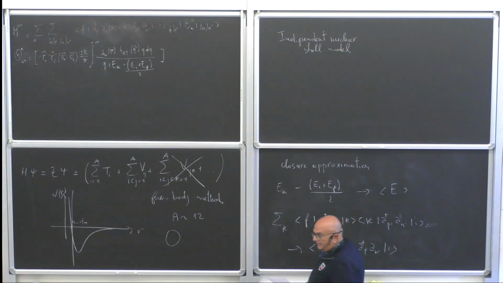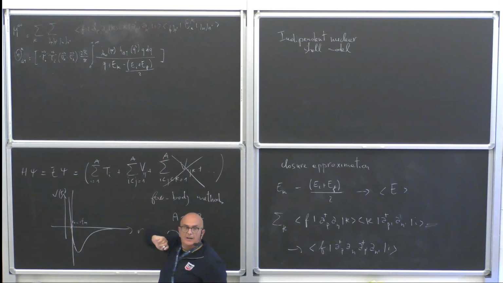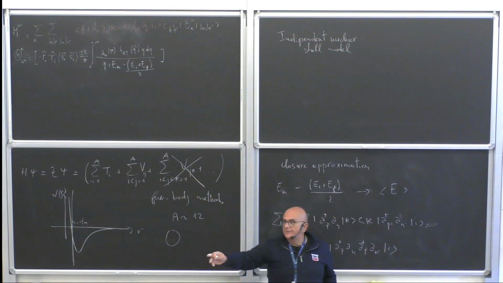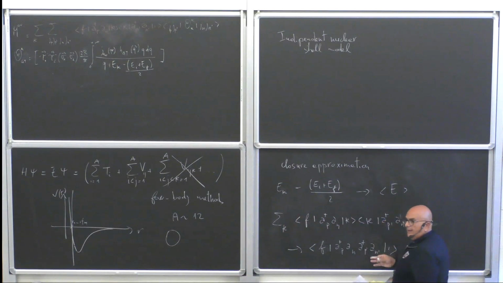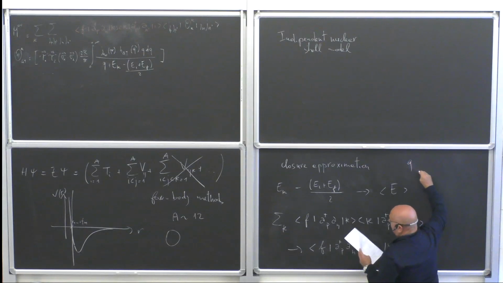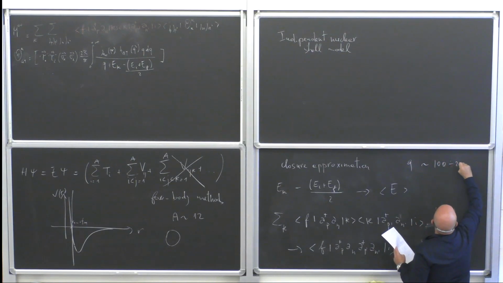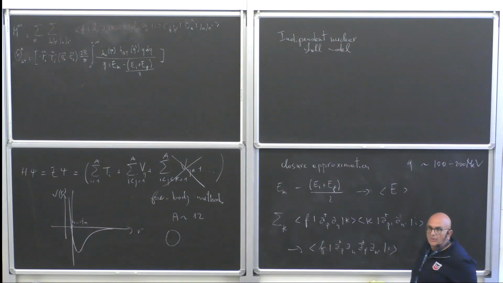Moreover, this is an approximation that works for neutrinoless double beta decay, because usually, as mentioned by Claudia yesterday, you are dealing with an exchange momentum in the range between 100 and 200 MeV. So this makes this approximation a good one.